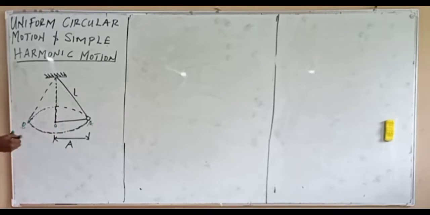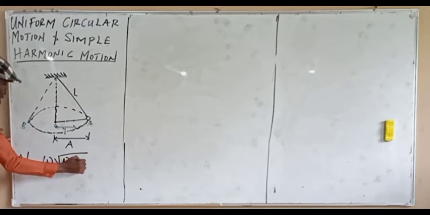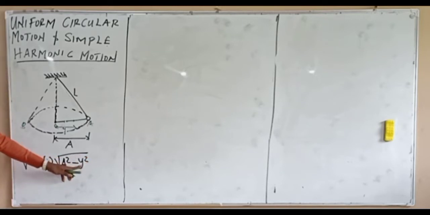Now, you can also be asked to look for the velocity at any distance, or what is the velocity of the ball at this point, or at this point, or any point. Let me use y to denote that distance. So the velocity at any distance y from the center of oscillation is given by w times the square root of a squared minus y squared.